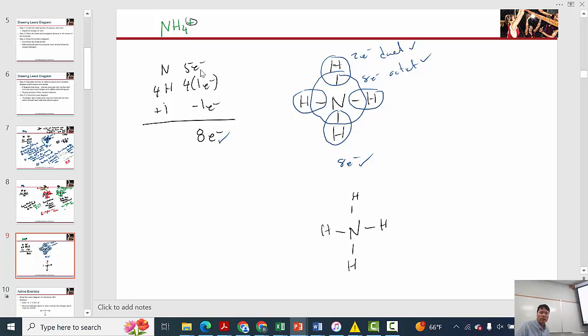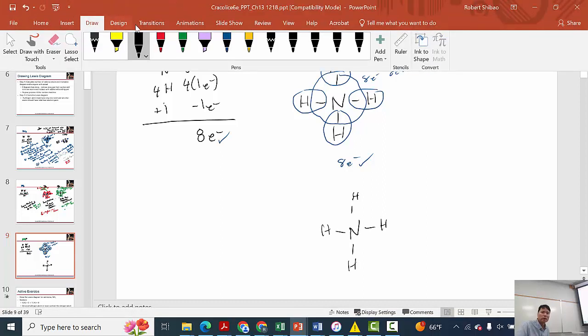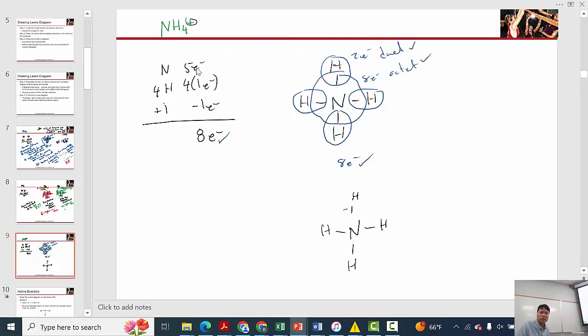How do we split the bonds when we have formal charge considerations? We split the bonds right down the center. And then count them. Each bond consists of 2 electrons, 2 dots.